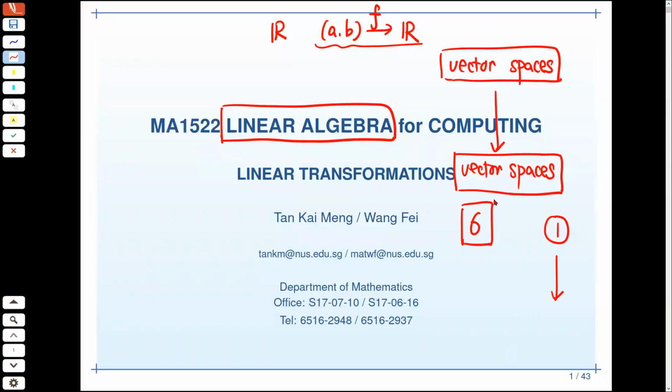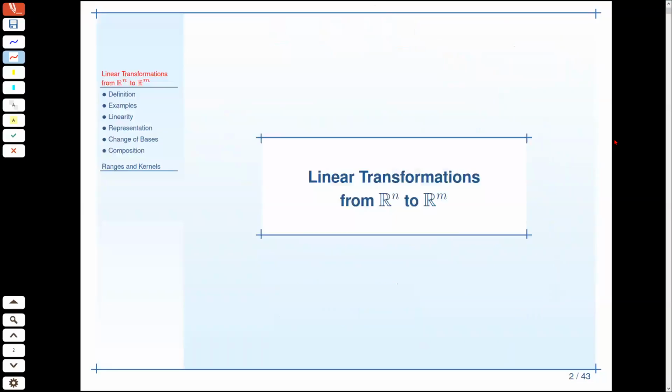In this chapter, we'll only study the linear transformation as the relation between very special vector spaces, namely the Euclidean spaces. Let's look at the notes. Our focus is just the linear transformation from one Euclidean space to another Euclidean space.